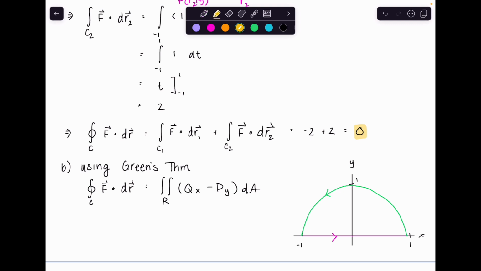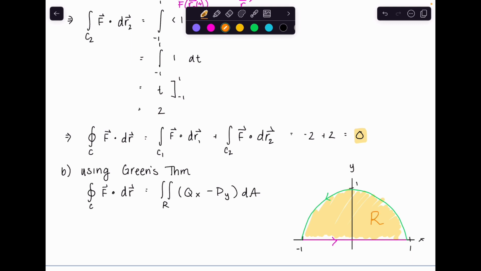Okay, and so the region that I'm working with is this one here that it encloses. So these are going to determine my bounds. Okay. And then I'm going to use my vector field to go ahead and find these components.